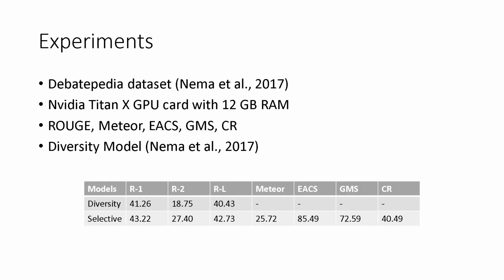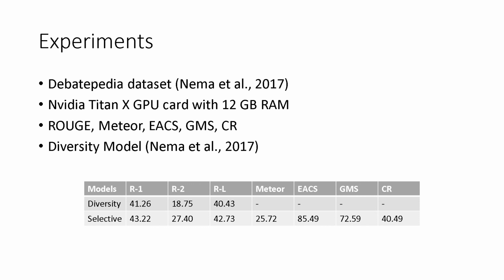We experimented with this model. We used the Debatepedia dataset that was provided by Nema and her colleagues. It consists of parliamentary debates, for which we have the query, the passage, and the summary. To run our experiments, we used a machine with an NVIDIA Titan X GPU card with 12 gigs of RAM, and we used several metrics for the evaluation: ROUGE, METEOR, ESC, GMS, and the copy rate.